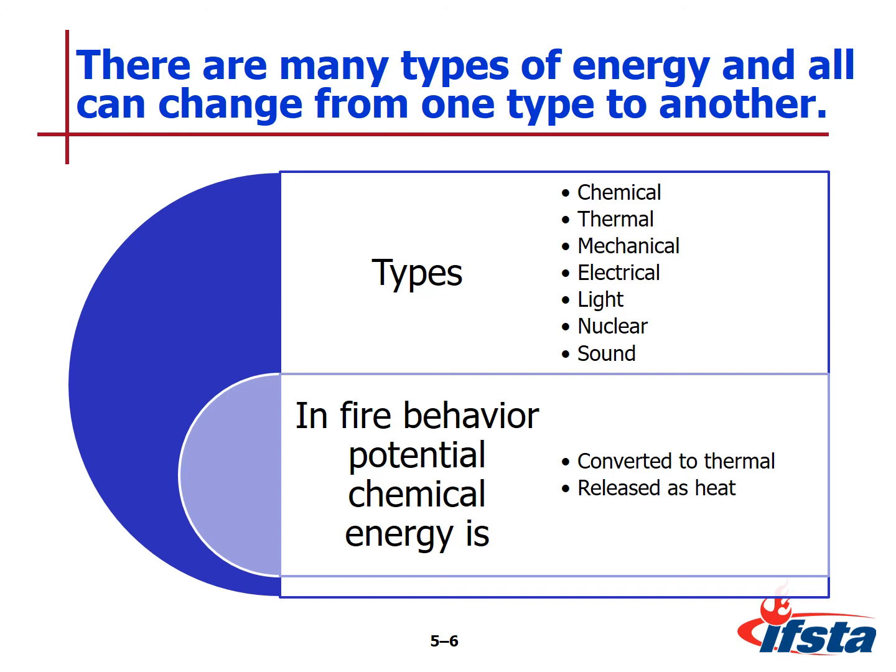Chemical energy, as the process happens, turns into thermal energy. Okay? That's when you have a chemical reaction because of the friction. That's what creates heat. That gives you your thermal energy. So in your fire behavior, your potential chemical energy, converted to thermal, is released as heat. Okay?